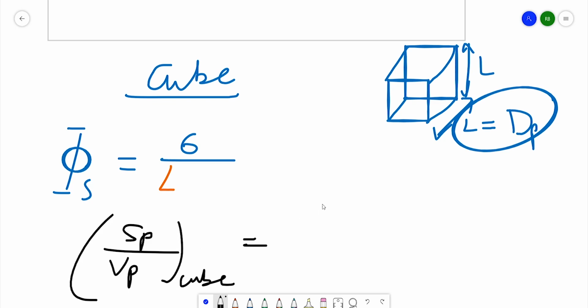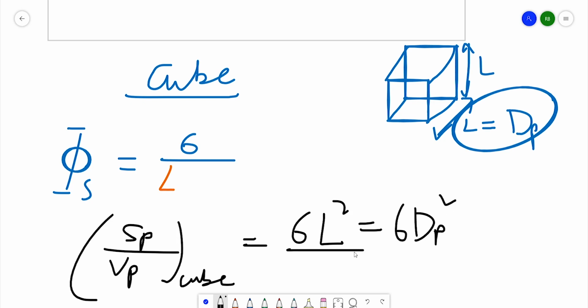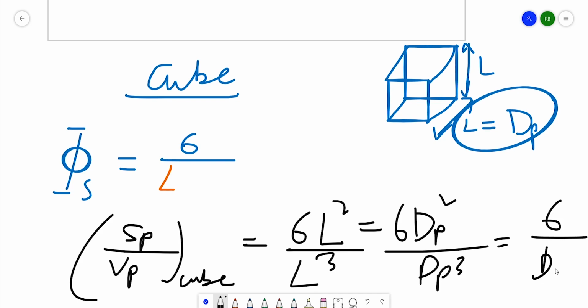What is the surface area of this cube? We have 6 faces and each face has an area of L square, right? So 6 into L square, or 6 into dp square. And what is the volume of the cube? We have L cube, or you can say dp cube. If you simplify this, you have 6 by dp, right?